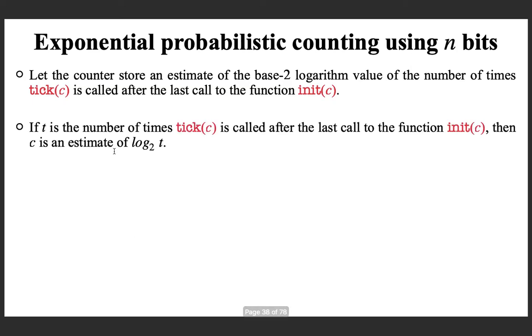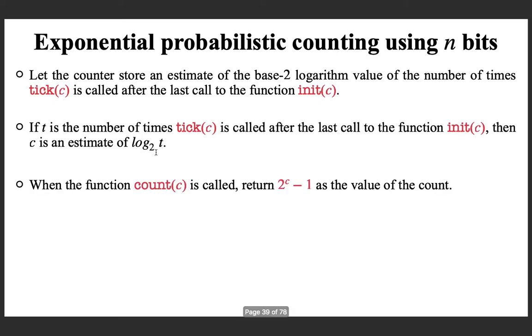This is what we are telling. In the deterministic case, if t increments happened, c will store the value t itself. The counter value will be t, which is actually the number of times tick is called. In the first probabilistic approach, we store t by 2. Now we are going to store log t to the base 2.